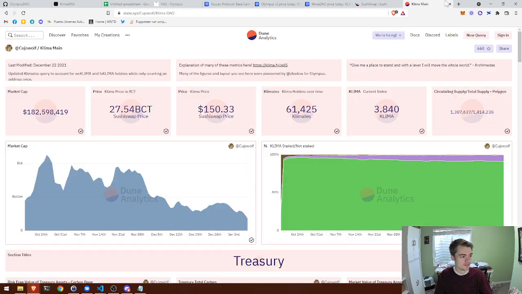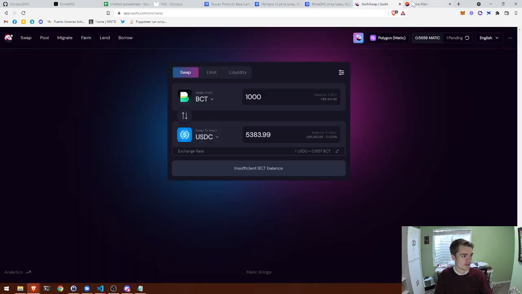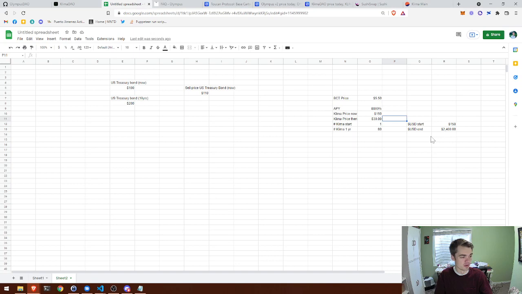That says to me that, wow, sorry, I'm clicking everywhere. KLIMA's price is not getting down to $5.50. Unless it failed or was a scam, and that's where you have to go in and research the team and trust the team and see what they're doing. You see the partnerships that they're making, you see that they're making ties in the real world like they should be.